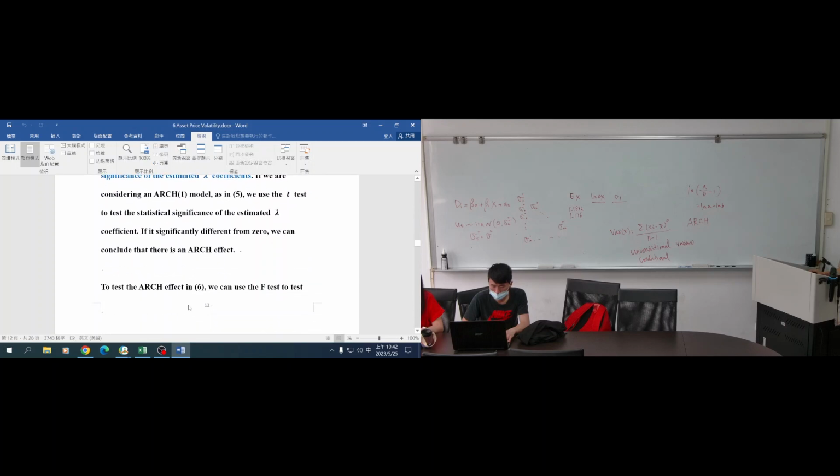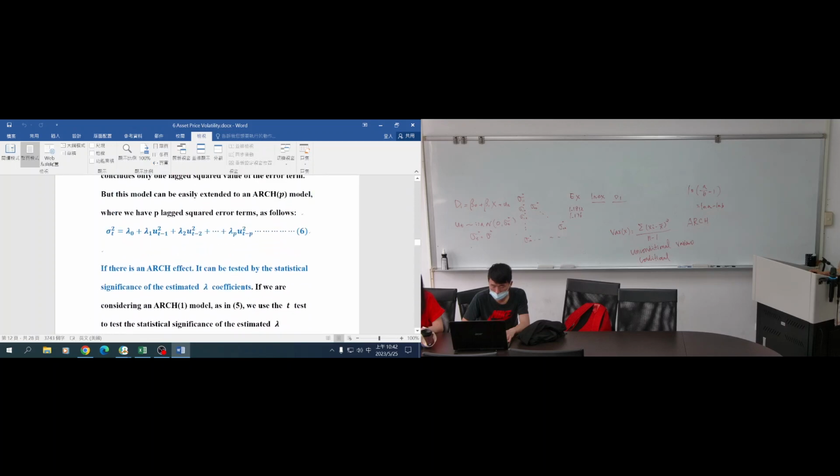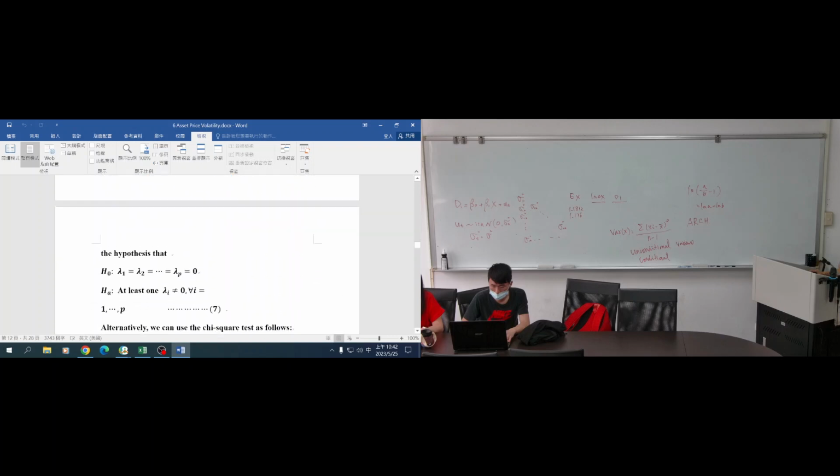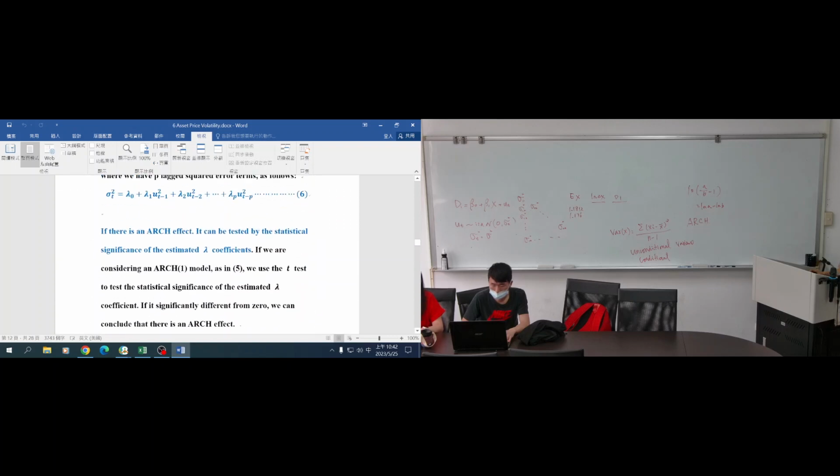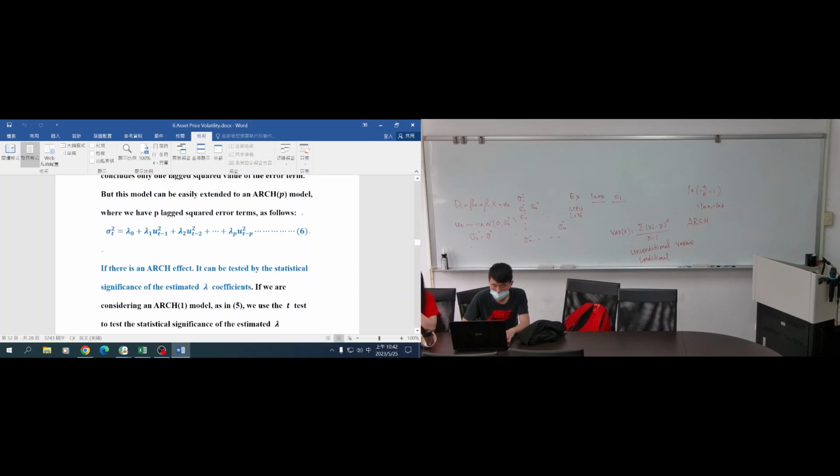So using these examples, we're saying that if we have more than one lag, up to p, we also need to do the hypothesis testing of all these coefficients, lambda 1 to lambda p.